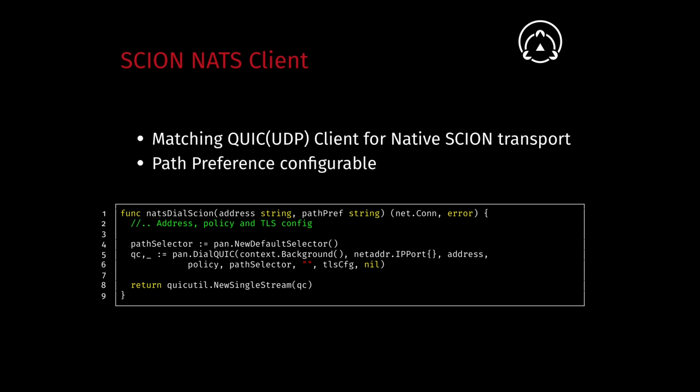So I can set different preferences for my path policy, depending on if I want to do hops, bandwidth, latency, or some combination of those. I can do the path selection from the time that I'm establishing this connection to the server.